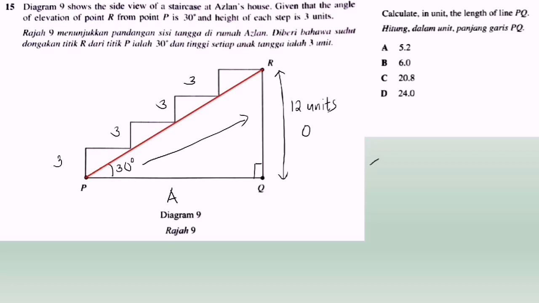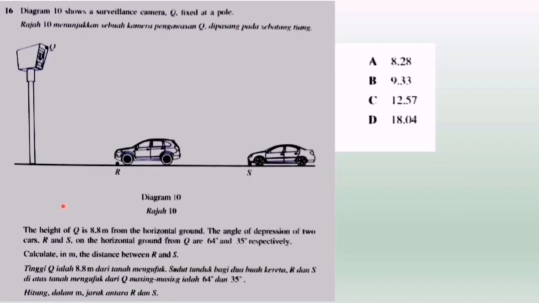So I will use tangent 30 equals opposite side 12 over the adjacent side PQ. PQ equals 12 over tangent 30 degree equals 20.78. If I round off, it equals 20.8. So the answer is C.